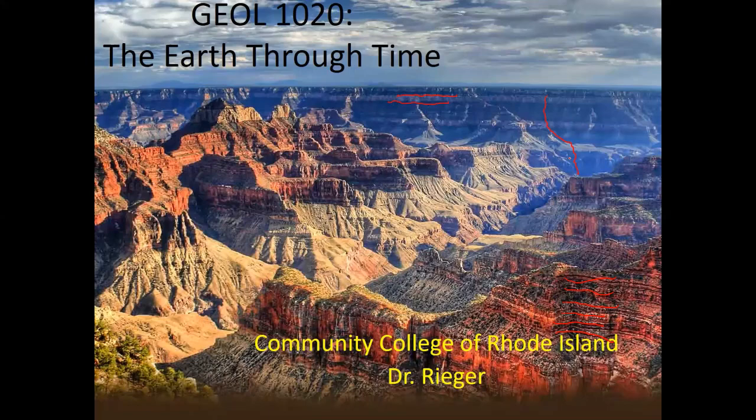And so by looking at the rock record, which is on beautiful display here in the Grand Canyon, we can gain insight into the history of our planet, which is important because we live here, it is our home, and our history is intimately tied to the history of this planet. So learning the history of our planet, we're in a sense learning part of our own history and learning more about ourselves.